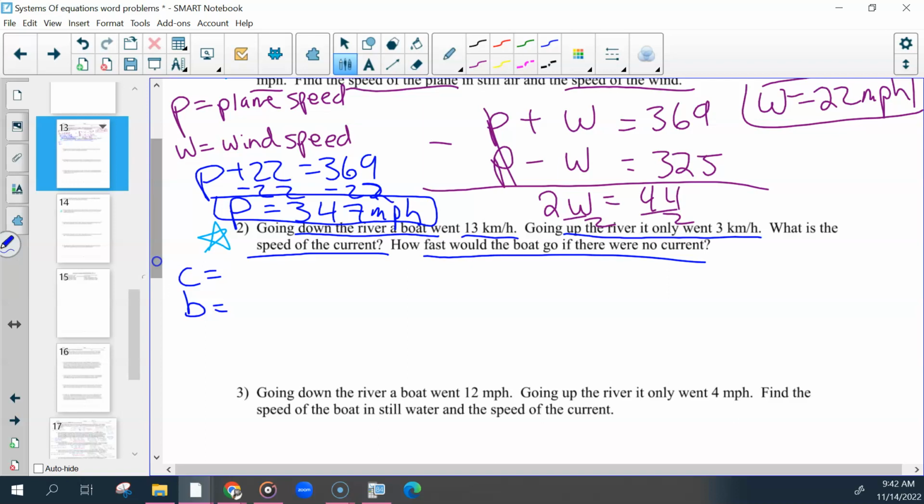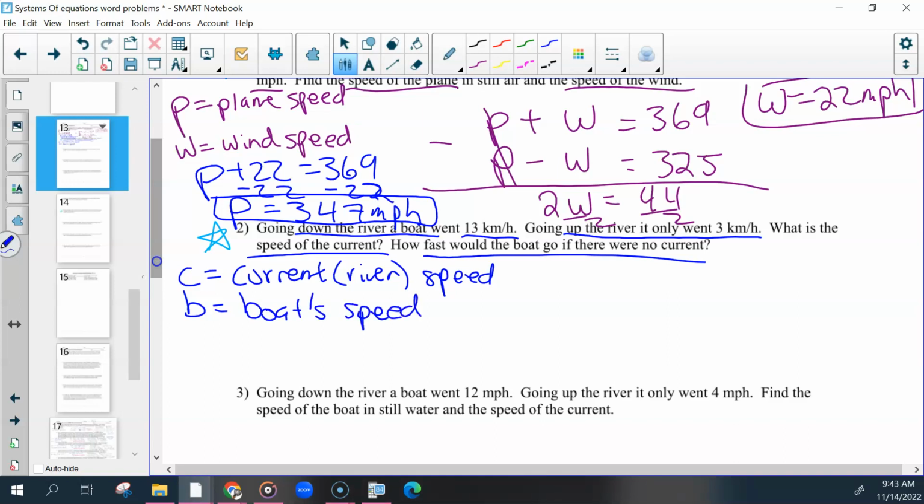The speed of the current is the river's speed. How fast would the boat go if there were no current is really asking about the boat's speed. So those are the things we don't know.